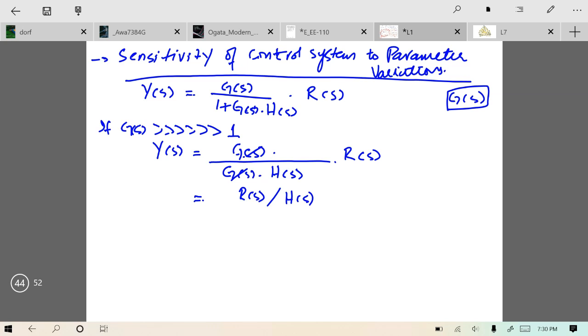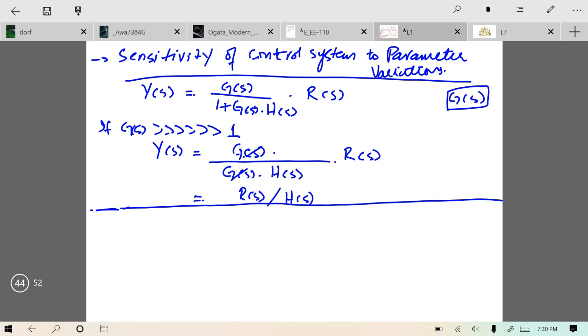However, just to see the property of a closed loop system, the closed loop system can even eliminate G of s itself. So whatever the change in G of s due to the parameter variations, it wouldn't affect your output.